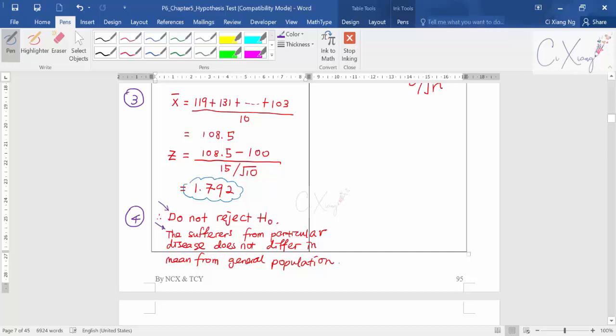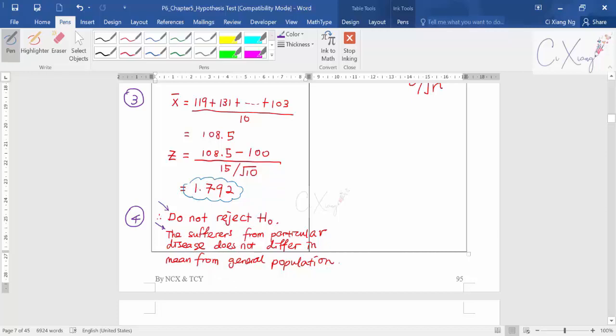Some students, if they feel lazy, will ask, can I just write do not reject and skip the conclusion? I can tell you that the marking scheme allocates 1 mark for your final step, and this 1 mark has to include both the decision and the conclusion. Without the conclusion, you might not get the 1 mark.